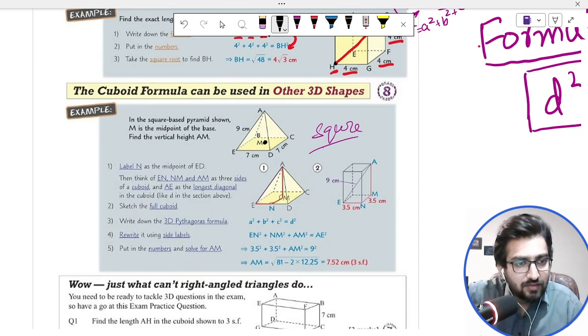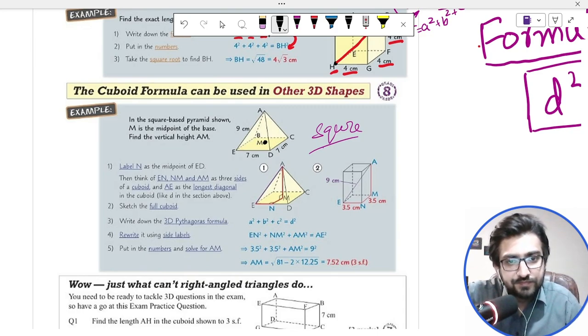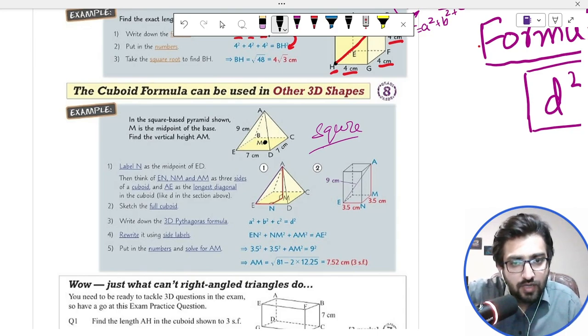You now see in another shape A and M, that is the middle line, which is in the middle of that square based pyramid. We want to find out AM, this line. All right, so now how can we find that?